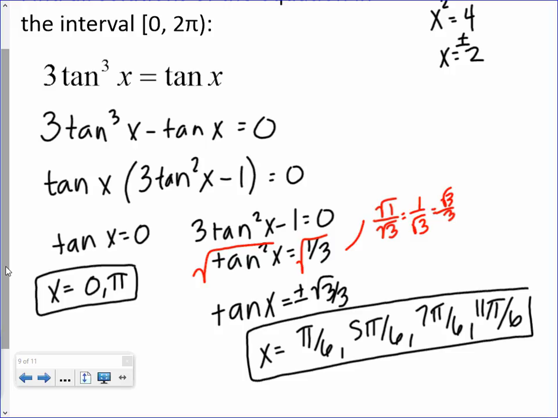Now, I probably won't take off if you say 2 pi, because technically that is the solution. But just know that if you're checking your answer in the back of the book, if it's on that range, it's always going to say 0 instead.